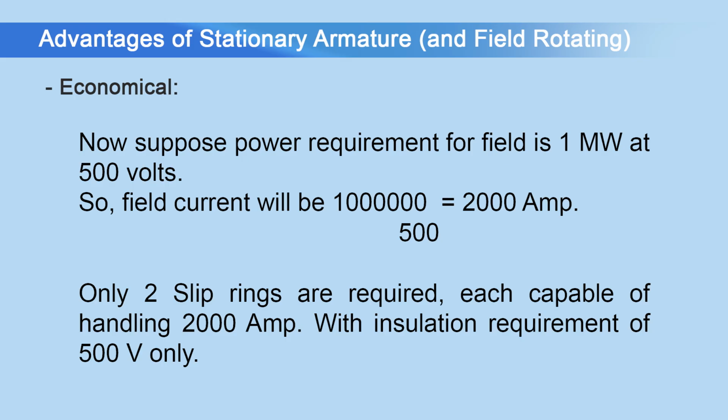Now, we will discuss the requirement of slip ring for DC also. In case of DC, we have to simply excite the field winding at the voltage level of only 500 volt, and suppose the field winding has a capacity of 1 megawatt. So, what will be the amount of field current? 1 megawatt means 1 into 10 raised to power 6, divided by 500 volt. So, 2000 ampere is the requirement.